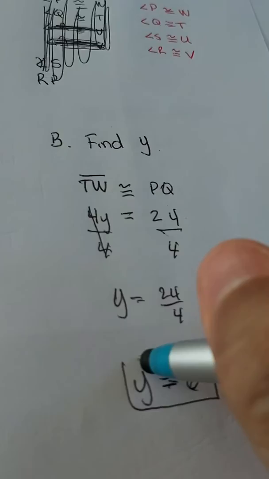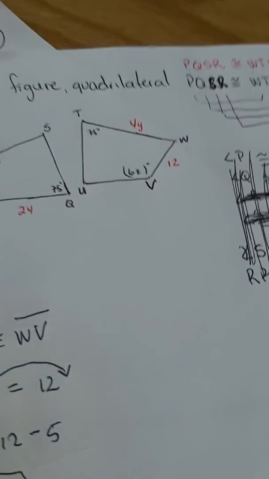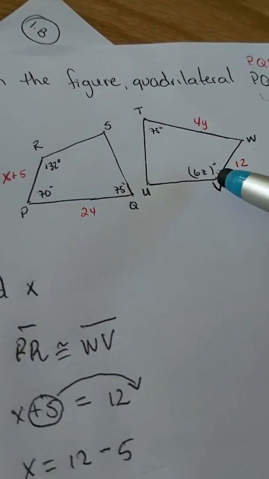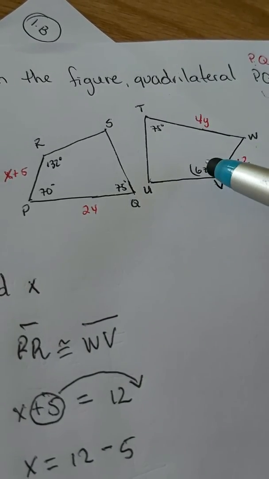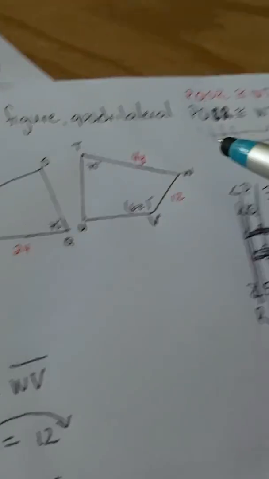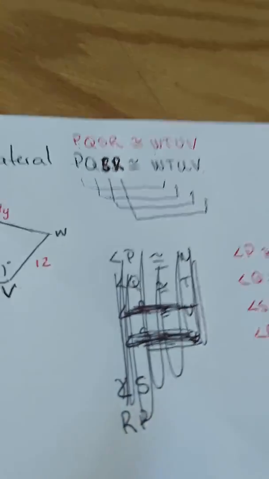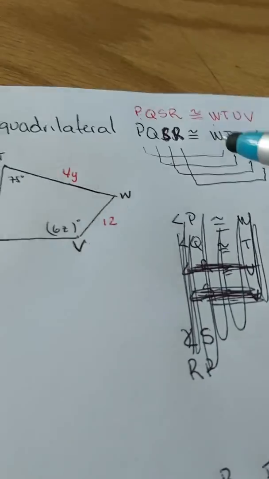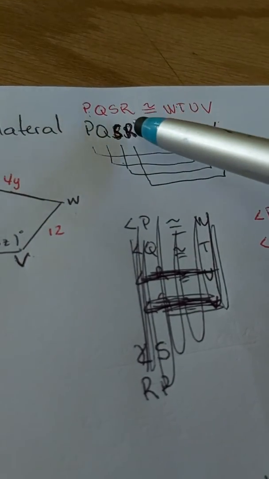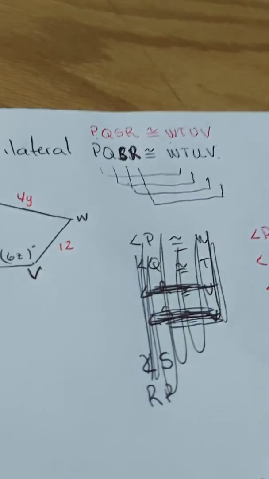The last part says find Z. Where do we find Z? Z is in angle V. This is 6Z degrees. Now, if we look at our congruent statement, angle V is congruent with angle R, right?